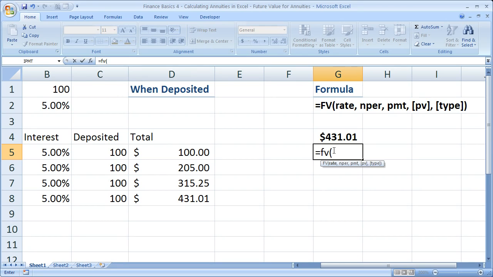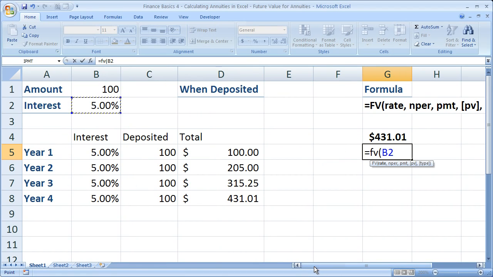The first thing we need is the rate. So simply select the cell with 5% right here, the interest. The next thing is the number of periods, so comma, 4. And then the payment amount, so comma, our payment amount is going to be the $100 because that is the annuity that we pay into the account every year.